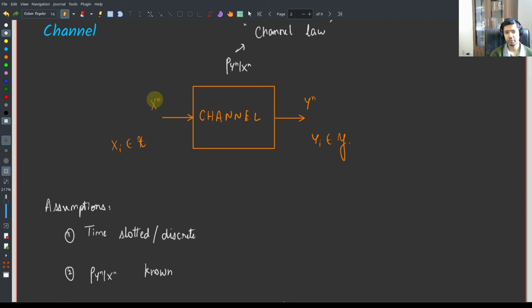This is the transmitted signal, and this is going to be our received signal. All right. So let's stop here. Any questions?